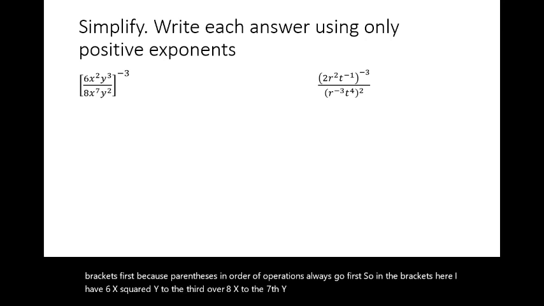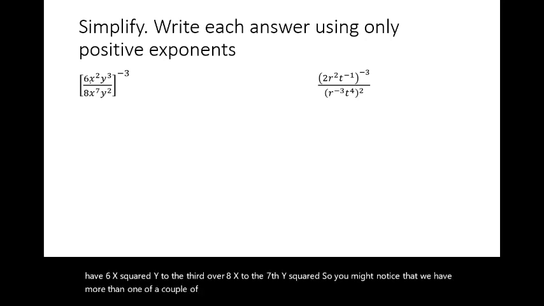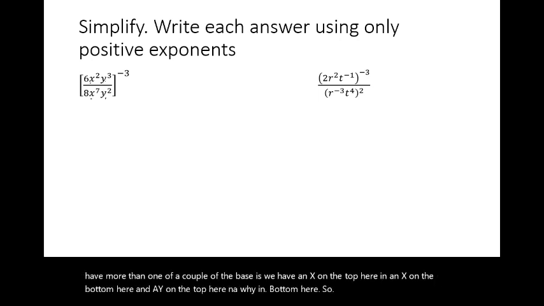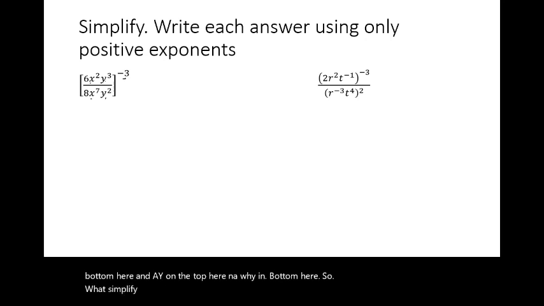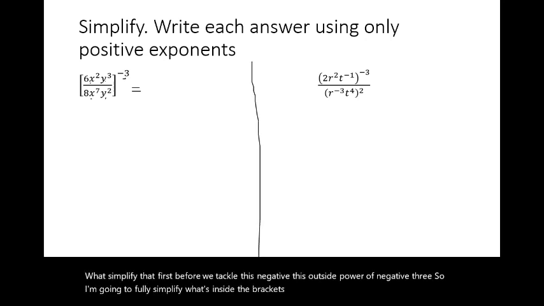So you might notice that we have more than one of a couple of the bases. We have an x on the top here and an x on the bottom here, and a y on the top here and a y on the bottom here. So let's simplify that first before we tackle this outside power of negative 3. So I am going to fully simplify what's inside the brackets first before I go tackling that outside exponent.